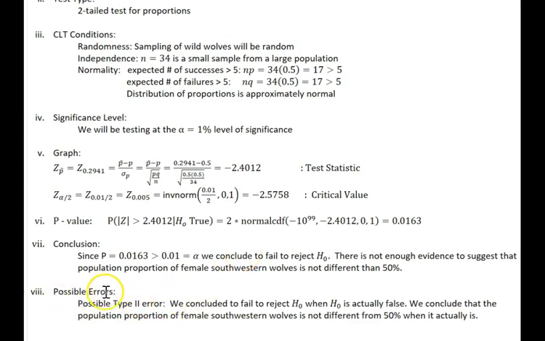So it's possible that we concluded to fail to reject H0, the null hypothesis, when the null hypothesis is actually false. So what does that mean in context? Well, we conclude that the population proportion of female southwestern wolves is not different from 50% when it actually is.